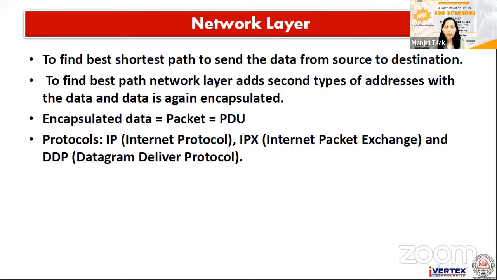Now to add these addresses so that the best shortest path can be found, the protocol used will be IP or IPX, right? Again, there can be different network layer protocols available. Some examples of network layer protocols are IP, IPX, and DDP. And all these protocols add the addresses with the data so that the best shortest path can be found. Is that clear?